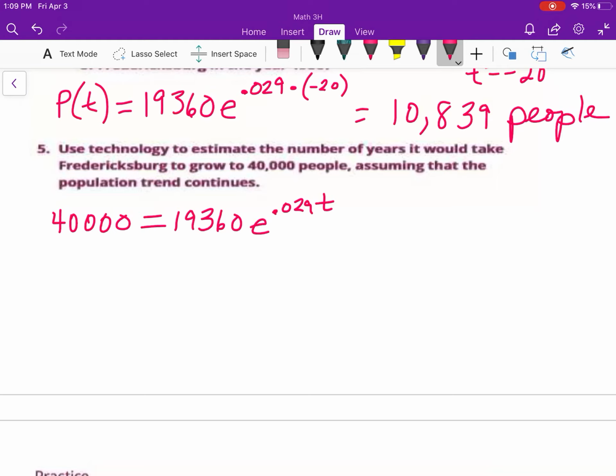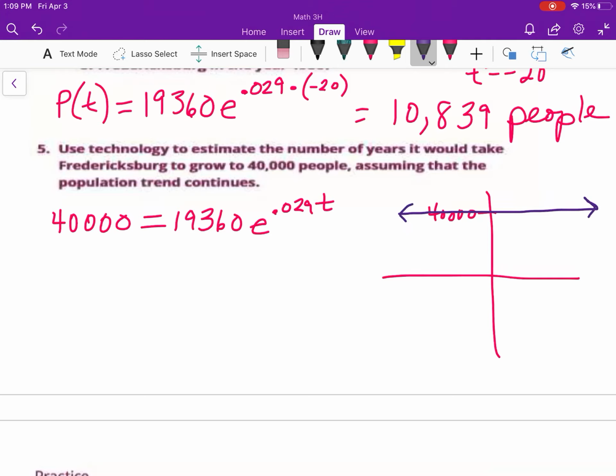Make sure you change your window. Obviously, 40,000 is going to be a straight line. Here's 40,000, so this would be that 40,000 mark. And then the actual function itself, 19,360 e to the 0.029x, is going to be a curve.